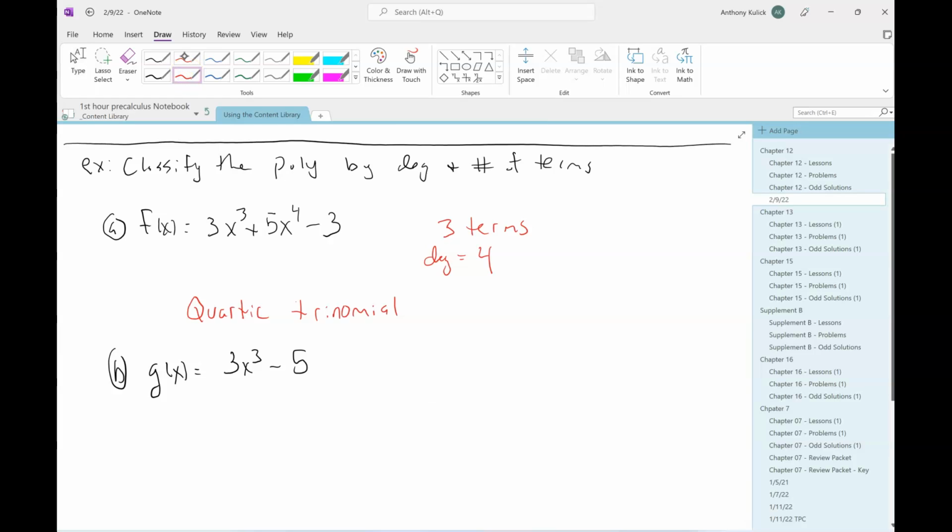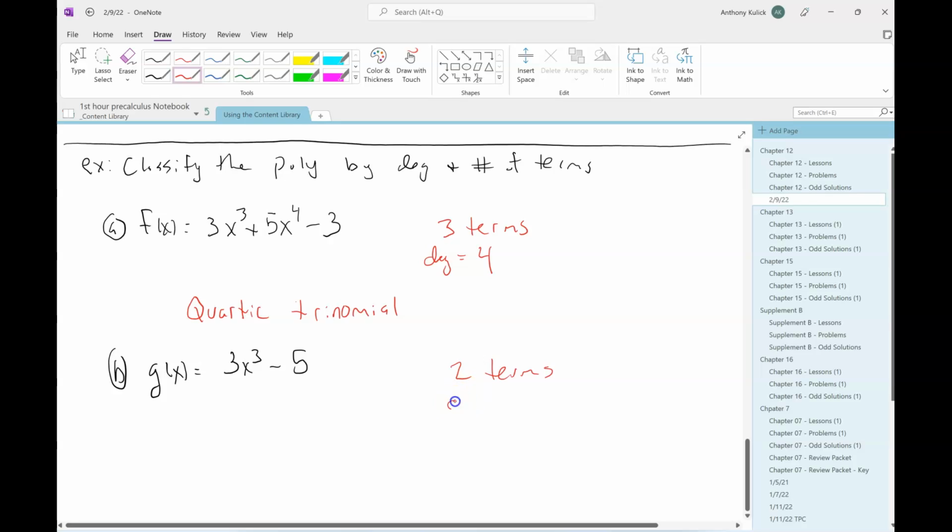Okay, what do we see here? 2 terms. And the degree? So we call this then a cubic binomial.